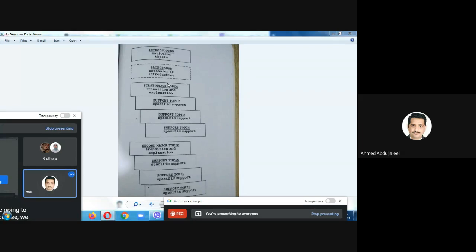And of course, these things will not be fixed in the way that we are going to discuss. What does this mean? It means that it depends on the outline that the researcher follows, in which the material will be distributed. When we talk about the introduction, as I told you earlier, it can be labeled as the statement of the problem for the research.